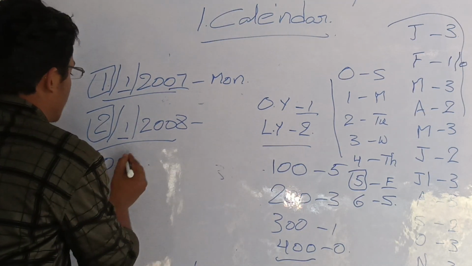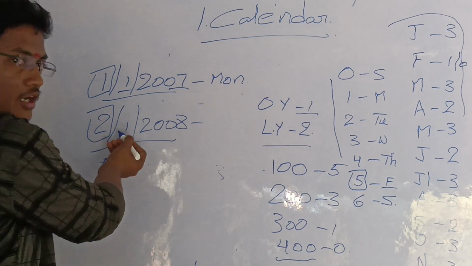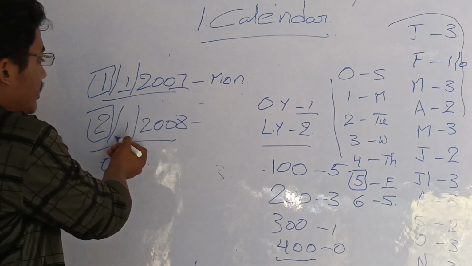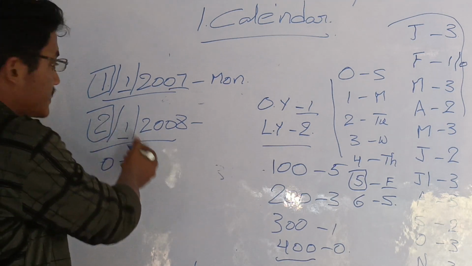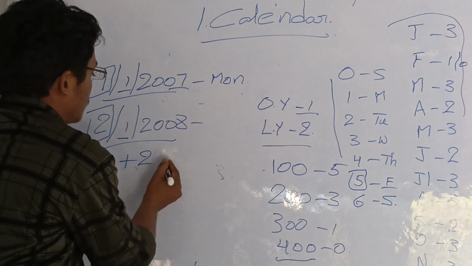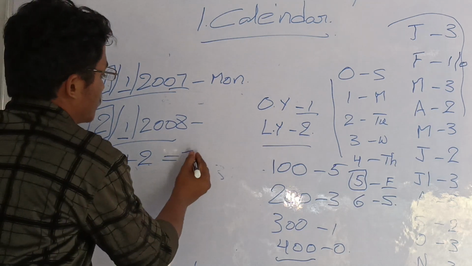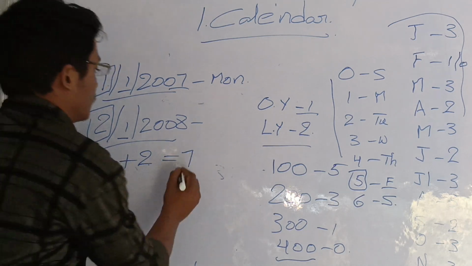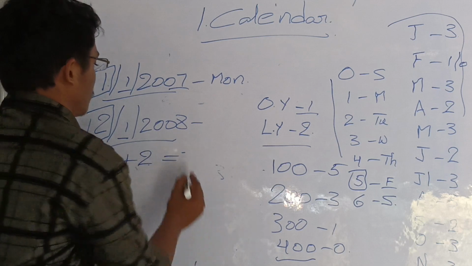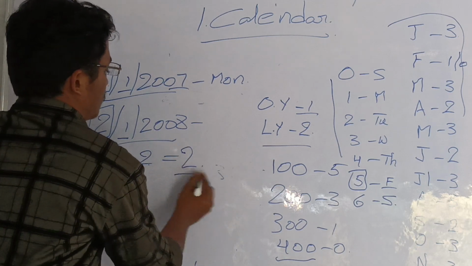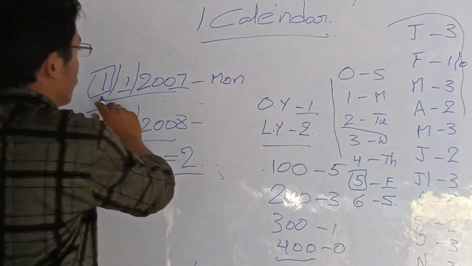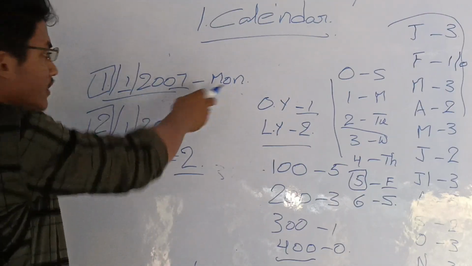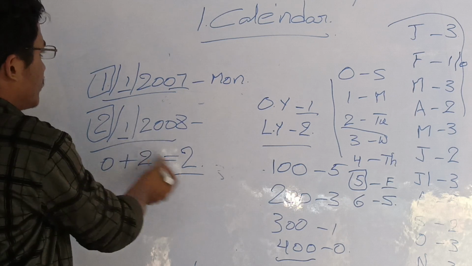So consider this 0 and consider how many days are there. It is January, so there are no completed months. We have to consider these 2 days, plus 2. It has not exceeded 7, so we don't need to divide it by 7. For 2, we can see Tuesday. So when it is Monday, January 1, 2007, it will be Tuesday on 2nd January 2008.